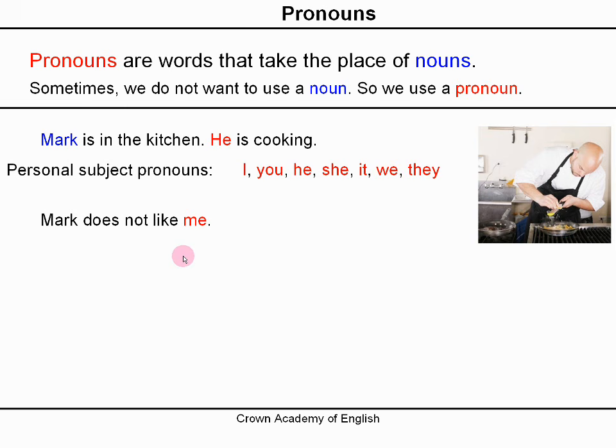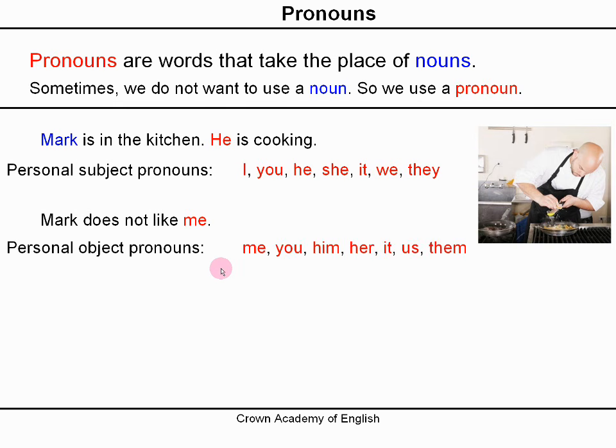So this is an example of a personal object pronoun, and it's describing a person. Here are all the personal object pronouns: me, you, him, her, it, us, and them.